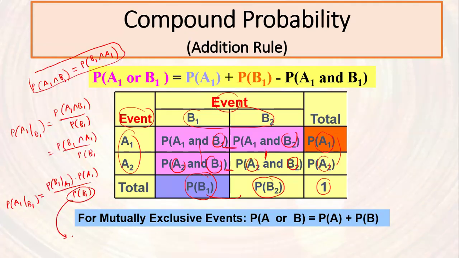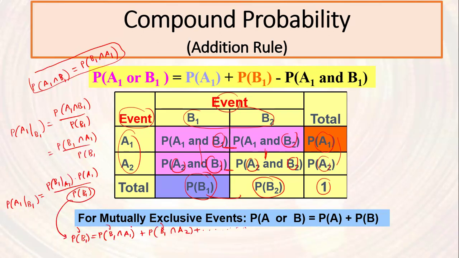This one you can write down: probability of B1 equal to probability of B1 intersection A1 plus probability of B1 intersection A2. If you have A3, A4, A5, you can even write down all of them. I hope you understood them.